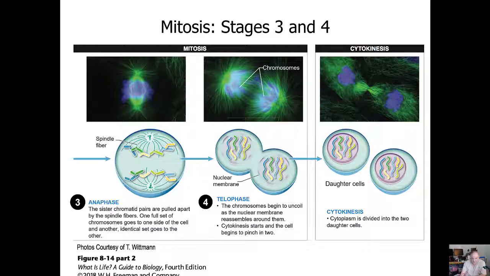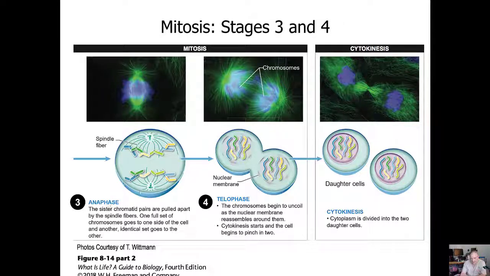So then we get into anaphase, as we see now the microtubules and the centromeres pulling. We have the forklifts pulling the DNA, those little motor proteins pulling them in as they walk along the plank.